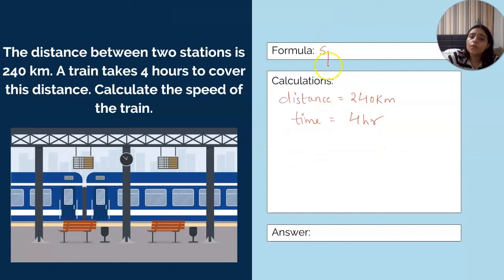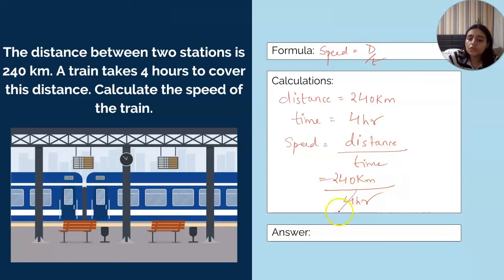Here the formula is speed is equal to distance upon time taken. You mention what is given to you, that is distance which is 240 kilometers and time which is 4 hours. So you will get the answer 60 kilometers per hour. You just need to know the formulas and you are good to go.